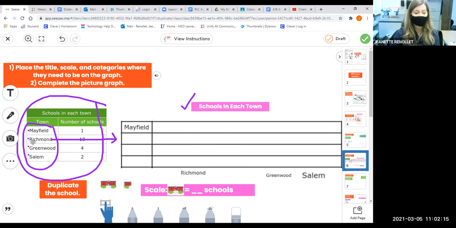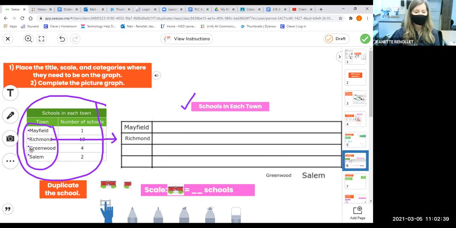Next on my frequency table is the one that starts with R. It says Richmond. I'm going to find Richmond. I found it, and I'm going to move it into my graph, and it's under Mayfield because the same thing is shown on my frequency table. I match it on my graph.